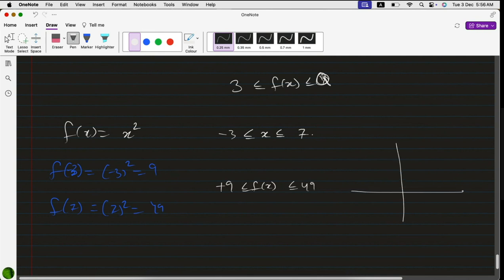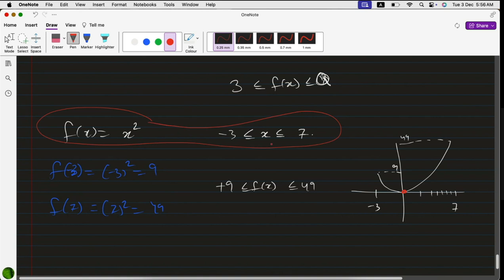But if we just sketch the graph, at minus 3, and this is 1, 2, 3, 4, 5, 6, 7. At minus 3 we get 9. At 7 we get 49. But see, the turning point is between these two, and that is at 0. So the range for this graph for the given domain would actually be 0 is less than or equal to f of x, which is less than or equal to 49.